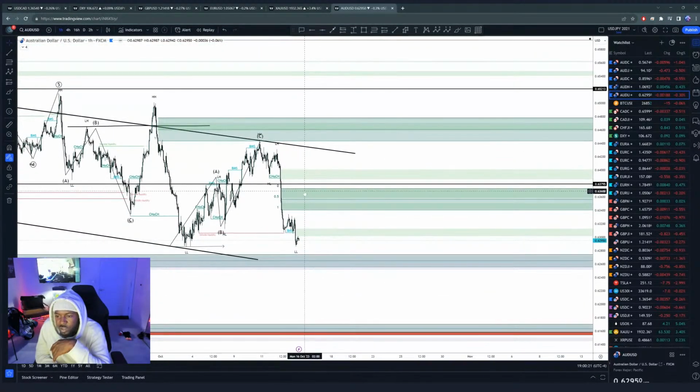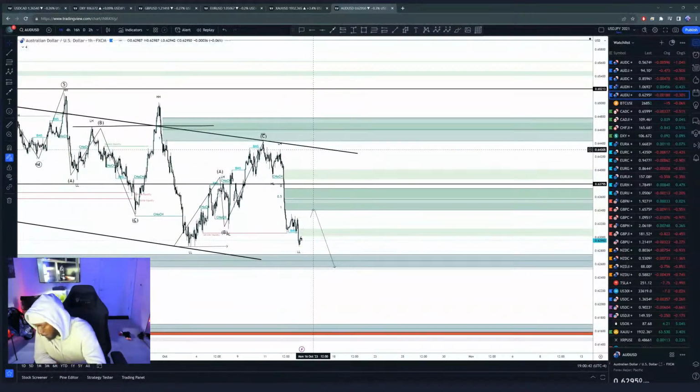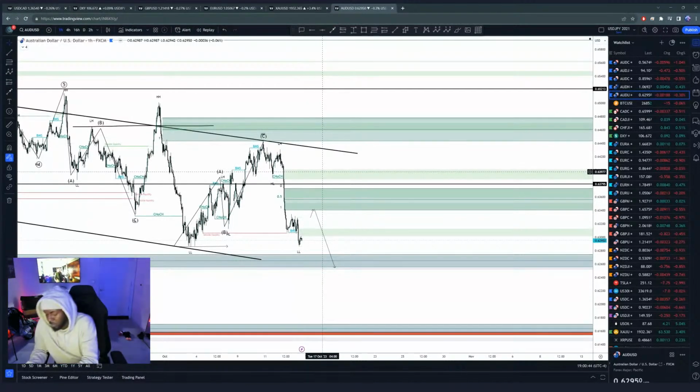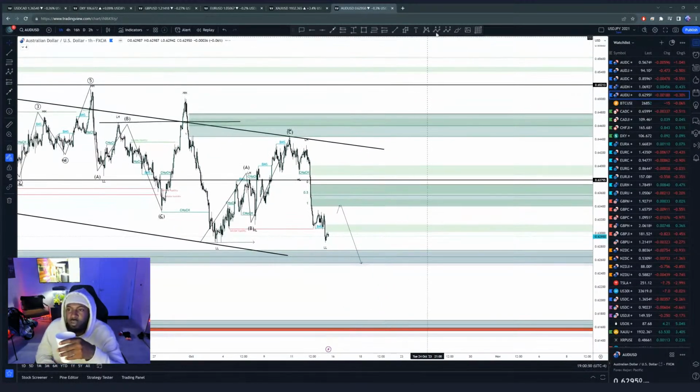One of these two ranges, so somewhere in this box, will more than likely get the retracement for USD and then a continuation down. So I would only focus on the sell in this range for this week. Cool. So that's what I'm saying for AU.